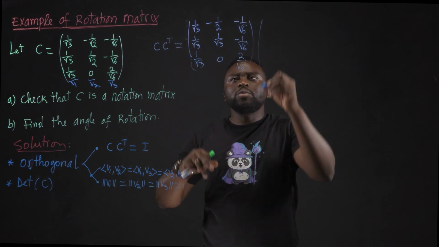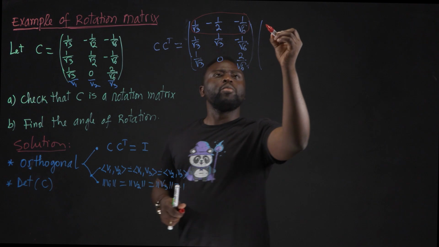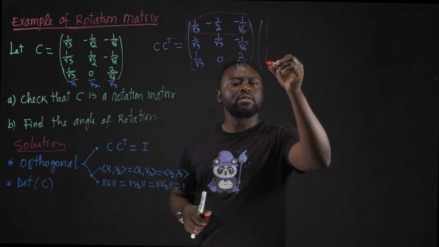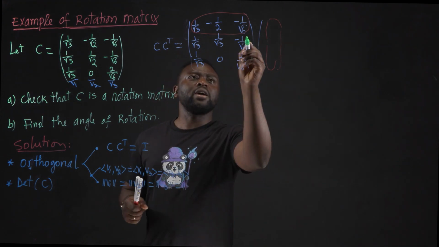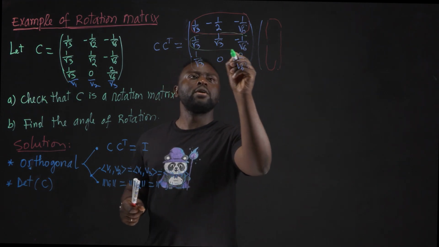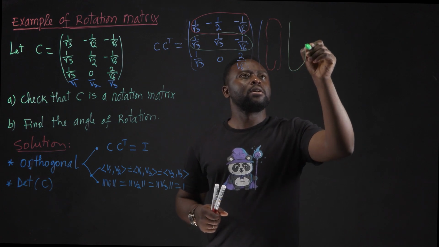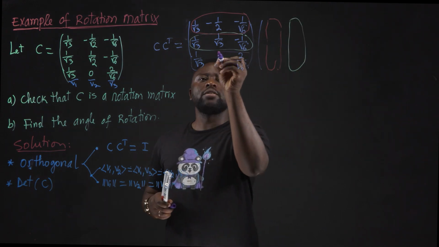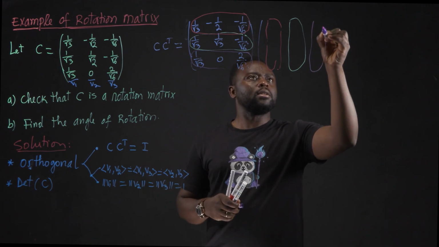For the transpose matrix, the first row will become the first column, the second row will become the second column, and the third row will become the third column.